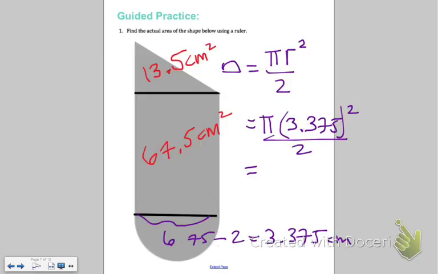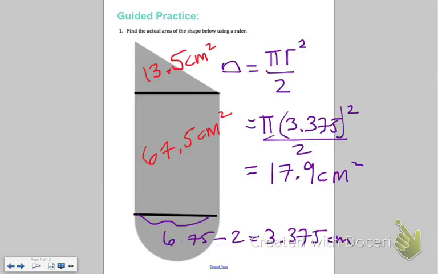So before rounding on your calculator, divide that number by 2, and we'll get 17.89235, and so on. So since this is our final answer, now we can round. And since this problem doesn't specify what to round to, always round to the nearest tenth, which is 1 decimal place. So 17.9 centimeters squared.